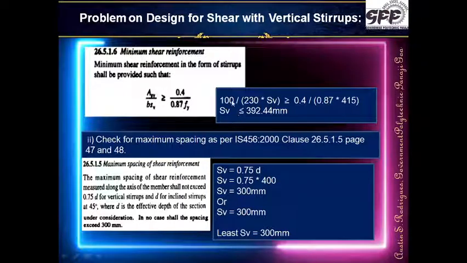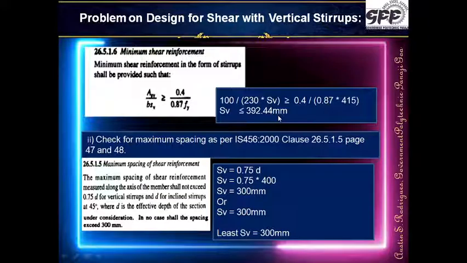It looks like this: 100 divided by, this is 230, SV greater than or equal to 0.4 upon 0.87 Fy. So SV comes less than or equal to 392.44 mm. From this calculation, the value of SV can be at most 392.44 mm.